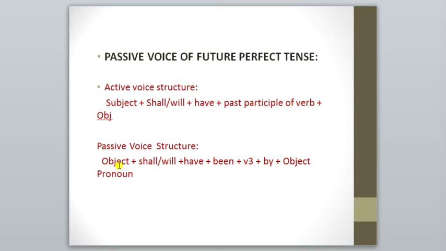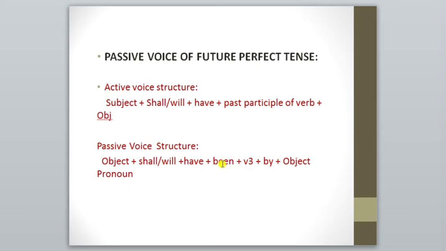Passive voice structure, object, right? Then shall oblique will plus have. Write down this have plus been. Bachcho, don't forget to use been in the passive voice of present perfect tense, past perfect tense and future perfect tense. In every perfect tense, what we use in the passive voice? Been. Now why this been?